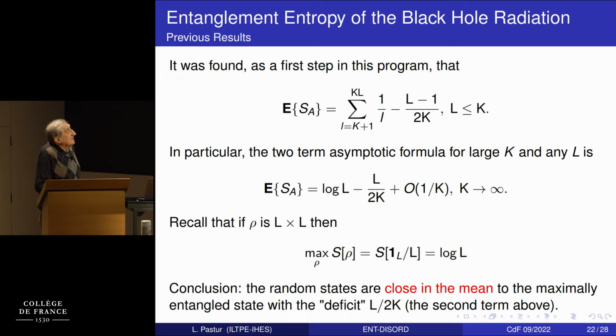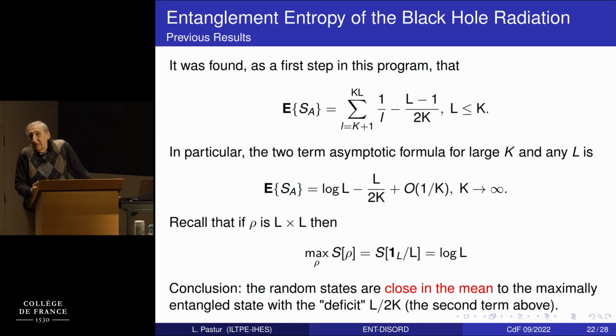Since our typical state is by definition random, the reduced density matrix is also random, and the entanglement entropy is also random. The simplest thing to compute is just the expectation.